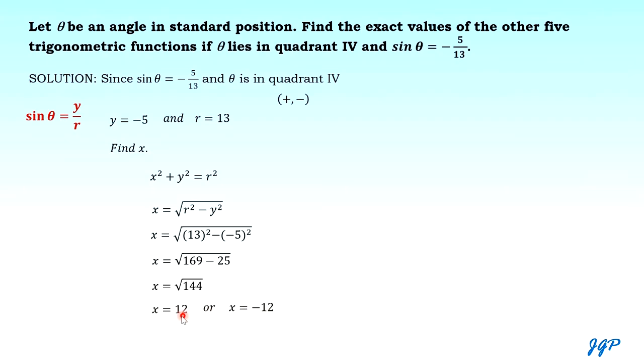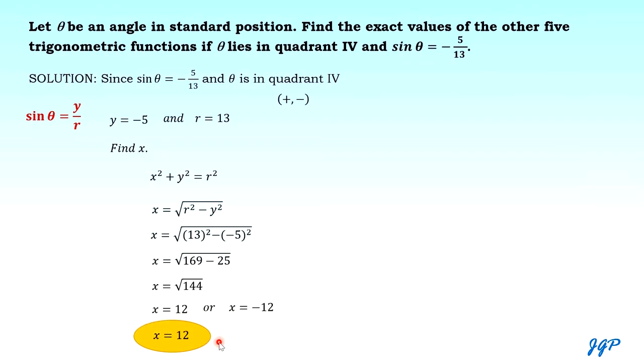Para makapili ka dyan sa dalawang yan, tingnan mo yung ang theta mo. Saan siya located? Since our theta is located in quadrant 4 and our x-coordinate, the sign should be positive. So meaning, kukunin mo itong positive value mo. So we have now x is equal to positive 12.